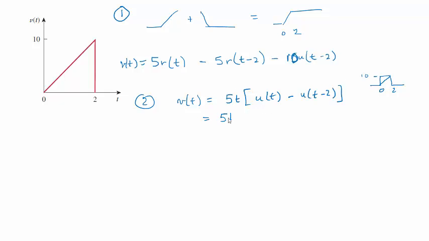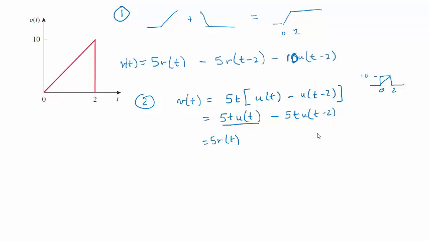So I have 5t u of t minus 5t u of t minus 2. And so I recognize this by definition of being a ramp. So that's 5 ramp at t. But this is not a ramp right now because I don't have t minus 2 right here.